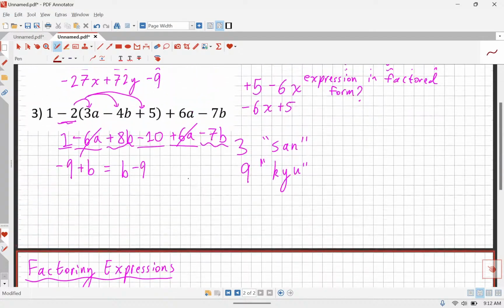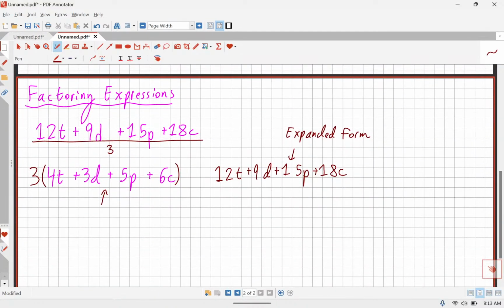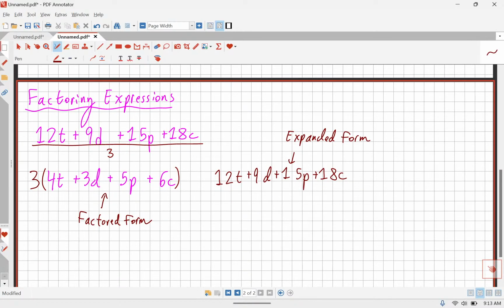And this over here, the one that we wrote with the 3 in front of it, is called factored form. So what we've done up to this point is I would give you something in factored form and then you would have to write it in expanded form. What we're going to be doing now is I'm going to be giving you stuff in expanded form and you're going to write it in factored form.